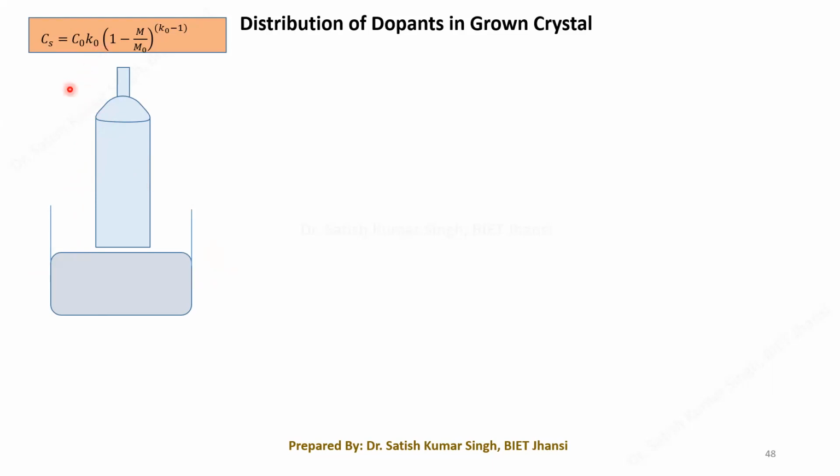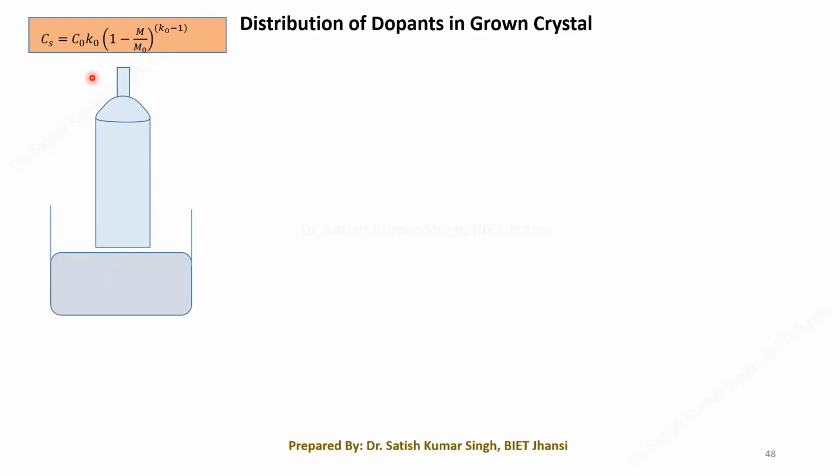The implication is that initially we had our dopant concentration in the melt equal to C naught, and when we start slowly pulling this rod, then because K naught is less than 1, let us say K naught is 0.7, for example.